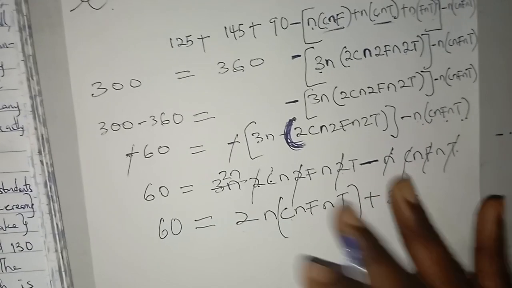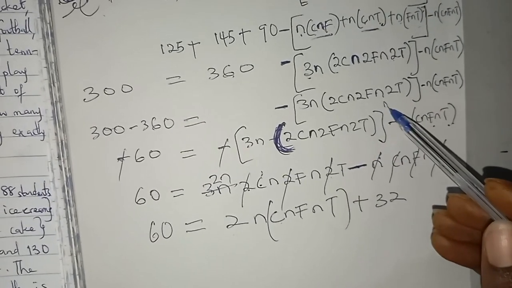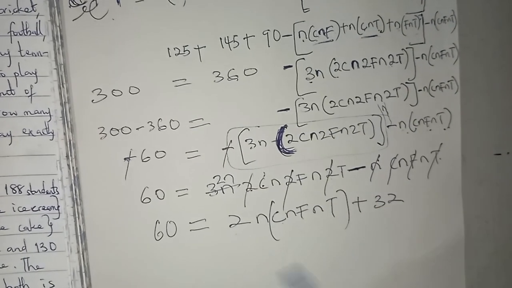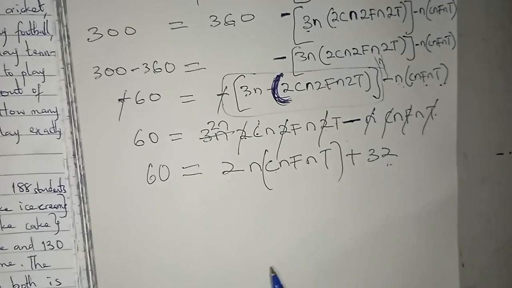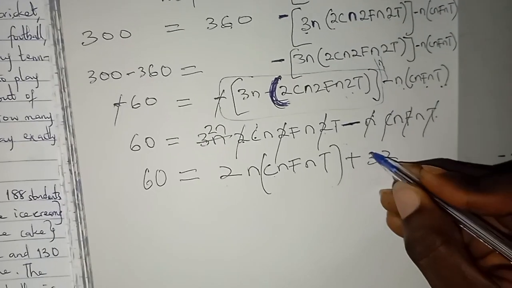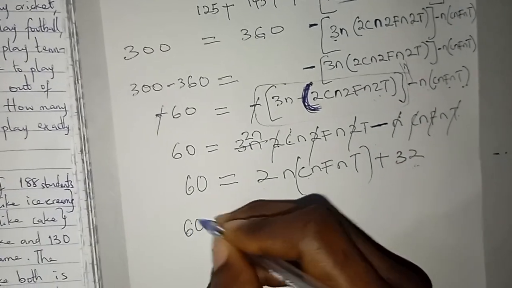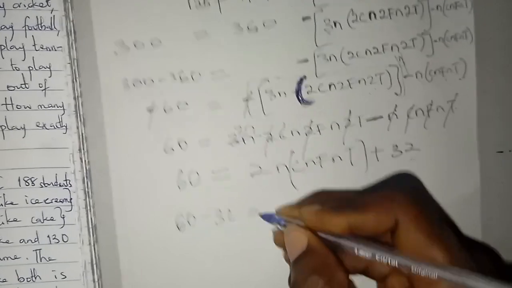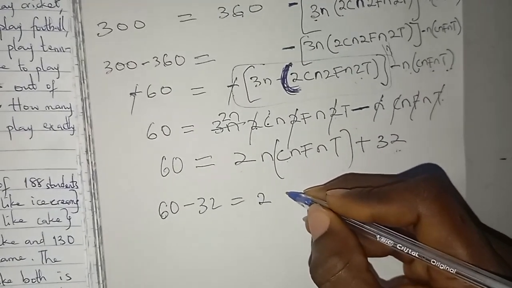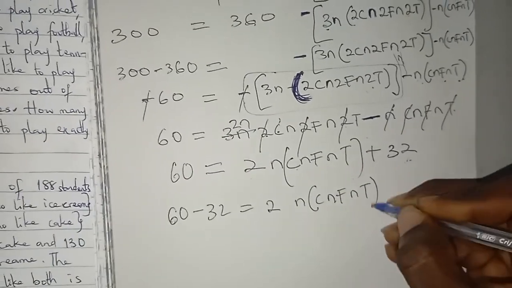Or we can say at this point, we can even say that everything inside here from the beginning is equal to 32. That is equal to the value plus 32. So that is why we have this 32. So this is now going to be 32 crossover. We have 60 minus 32 equals 2 of the number that played cricket, football and tennis.